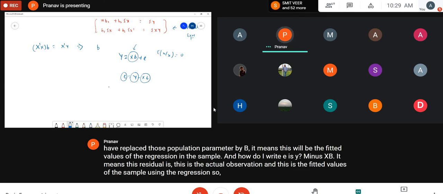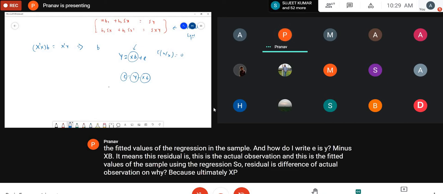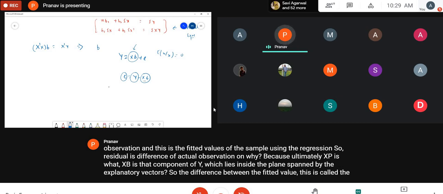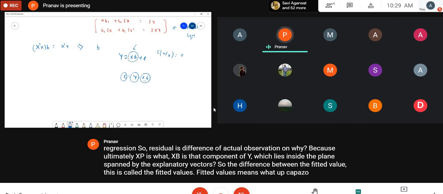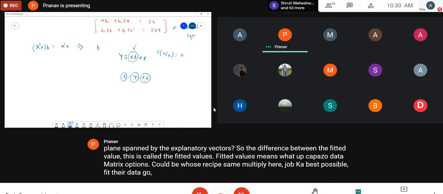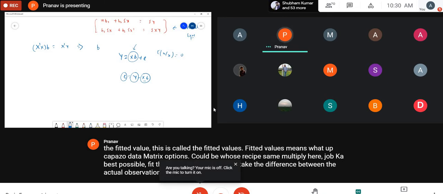Because ultimately Xb is that component of y which lies inside the plane spanned by the explanatory vectors. Fitted values means you multiplied the data matrix by that b which gives the best possible fit to the data. Then you take the difference between the actual y's, which lie outside the plane, and the fitted values. They are called residuals.